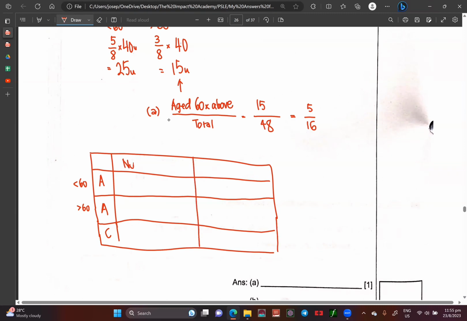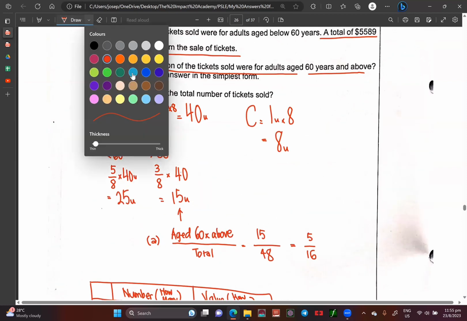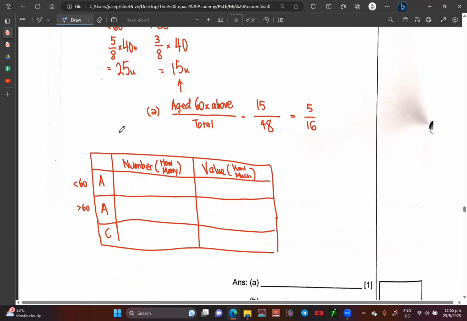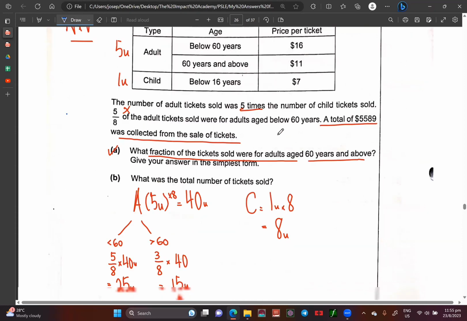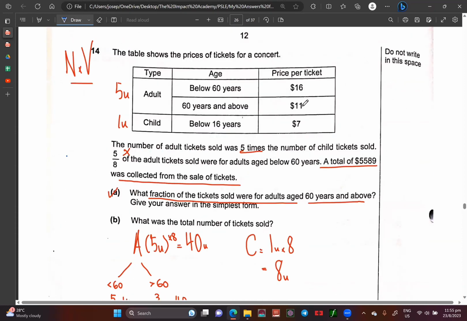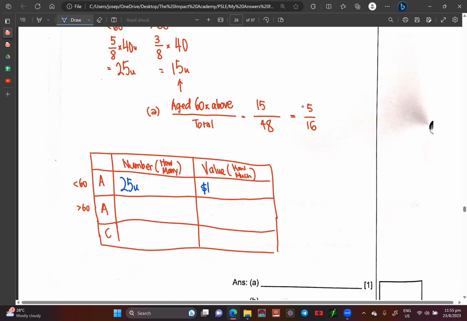Over here we write down our number. Number basically means how many. Over here I'll write down my value. Value basically means how much. For my number, as you can see, adults below 60 is 25 units, and the value of the ticket, the price of the ticket, is $16.